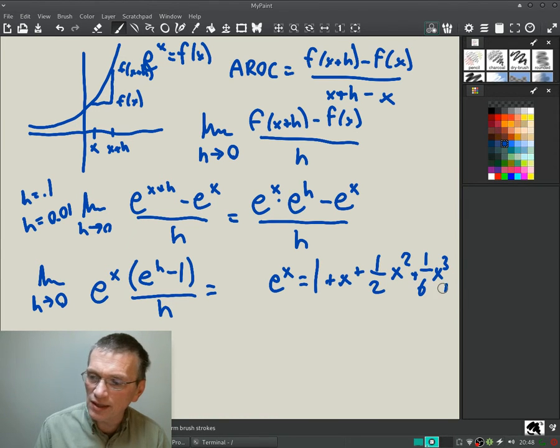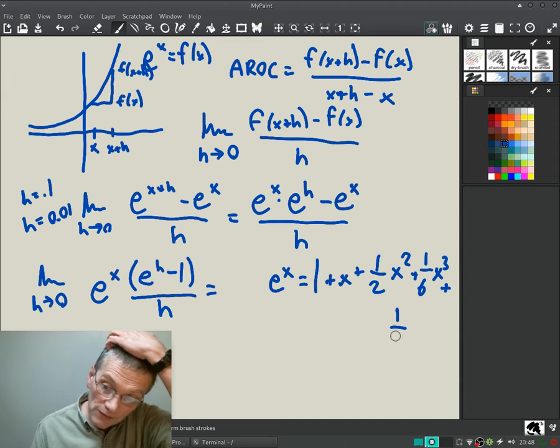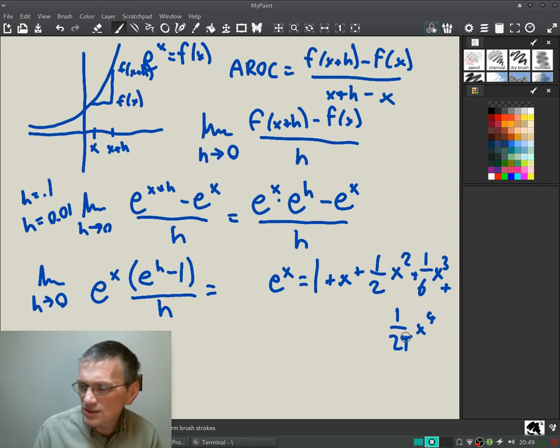Maybe you can see the pattern here. Plus 1/24 x to the 4th. So this is 4 times 3 times 2. This is 2 times 3. This is 2. Sort of this is the factorial, but we won't worry about that.